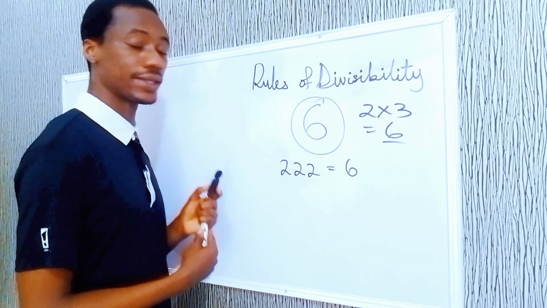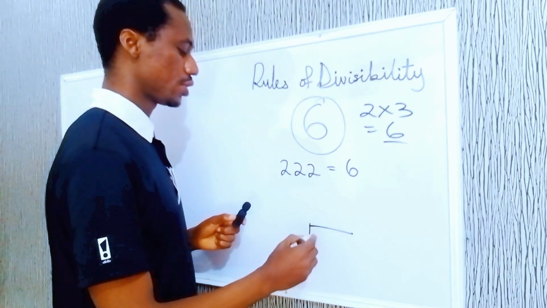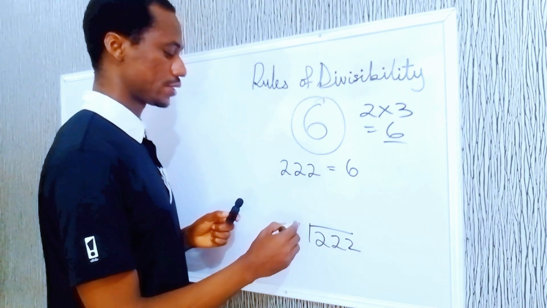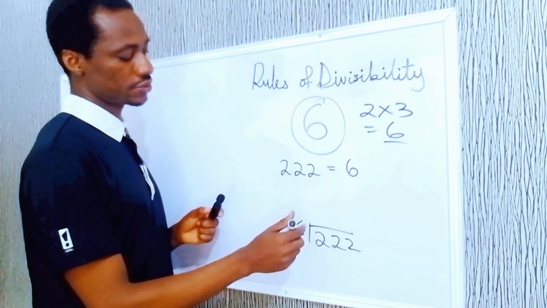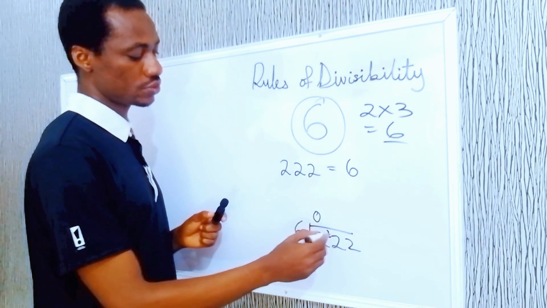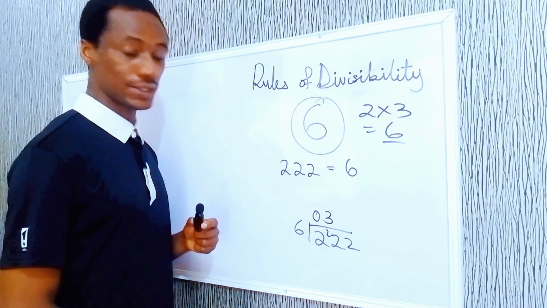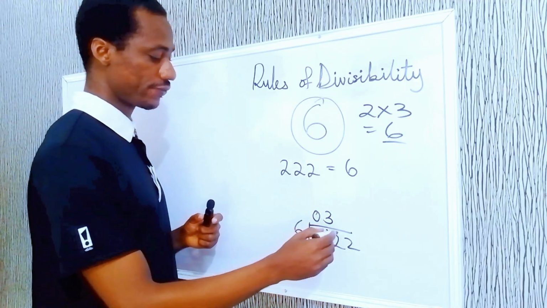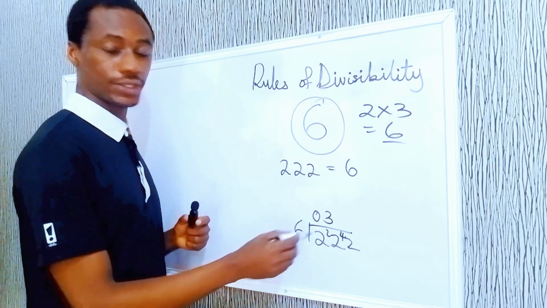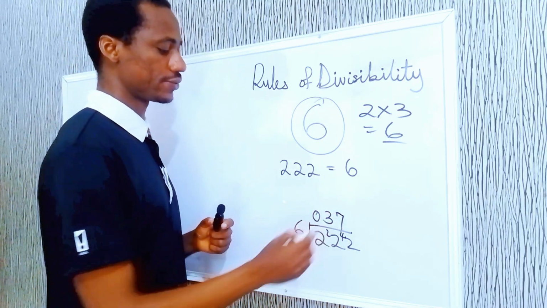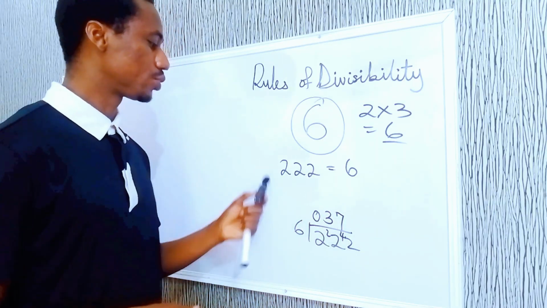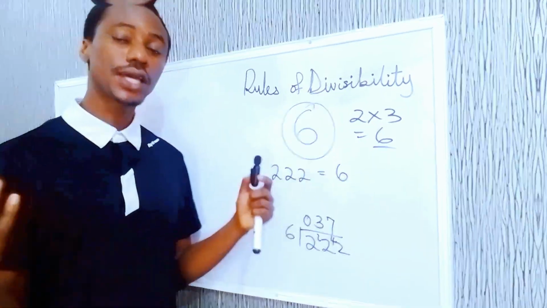I could just try that out with short division. 22 divided by 6: 6 goes into 2 zero times, remainder 2. 6 in 22 is 3, that's 18, right? Remainder 4, and 6 in 42 is 7, as you can see. So 222 divided by 6 is 37.